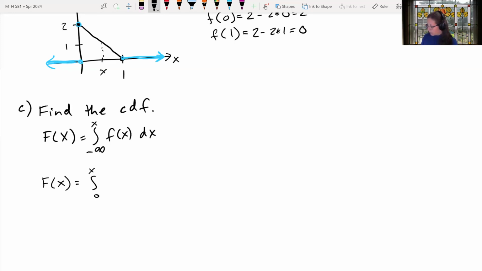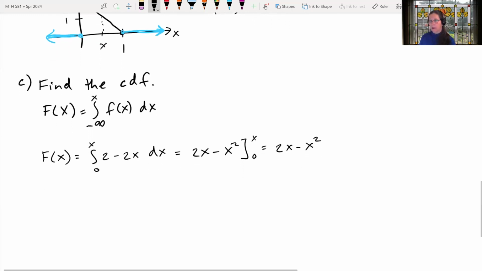So we're going from 0 to x of 2 minus 2x dx. All right, so we would integrate that. So we would get 2x minus x squared going from 0 to x, where the 0, when I plug it in there, is just going to cancel out. So that's just equal to 2x minus x squared plus some constant. We can ignore that for right now.